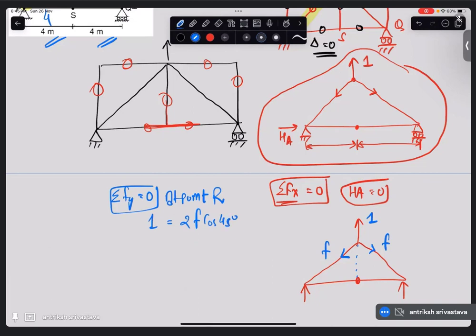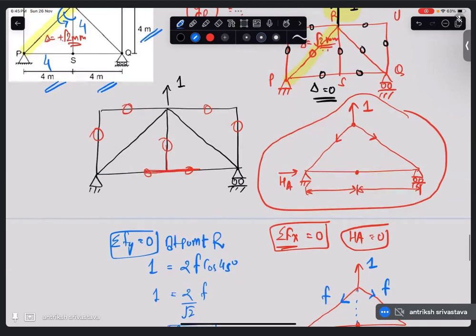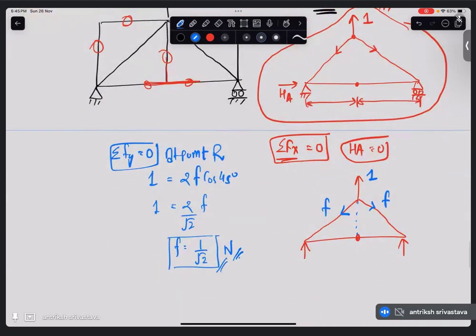So 1 equals 2 by root 2 times F. F equals 1 by root 2, newton, kilonewton, whatever you want to write. Okay, 1 by root 2.